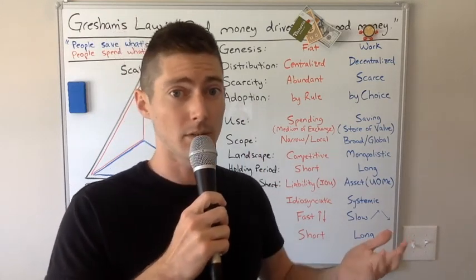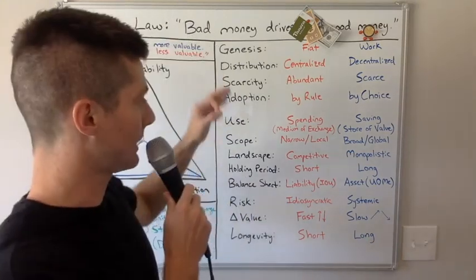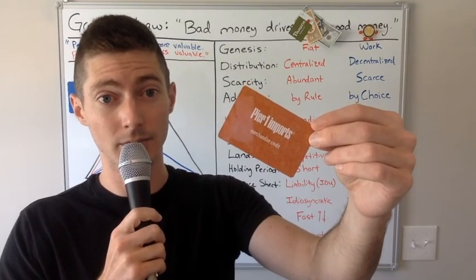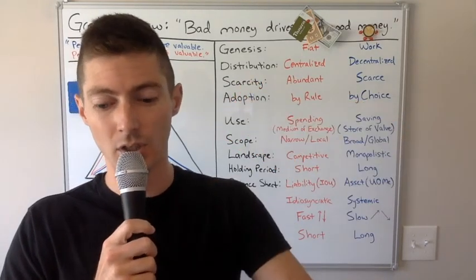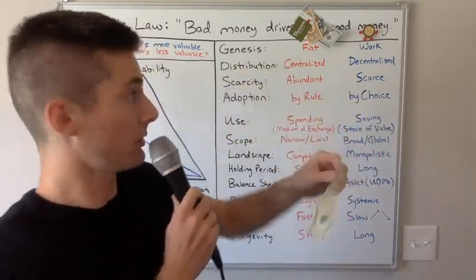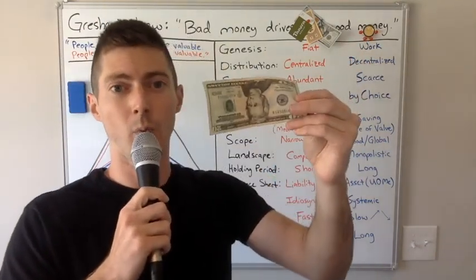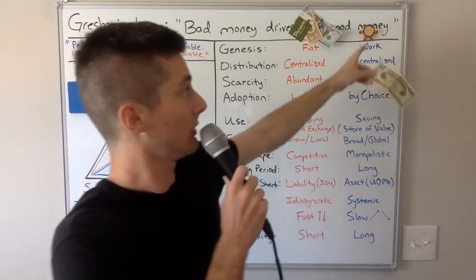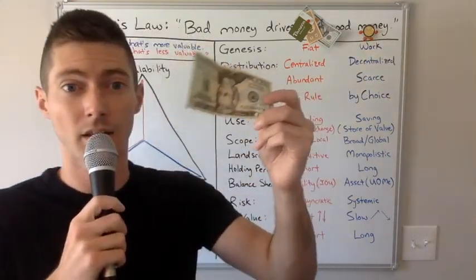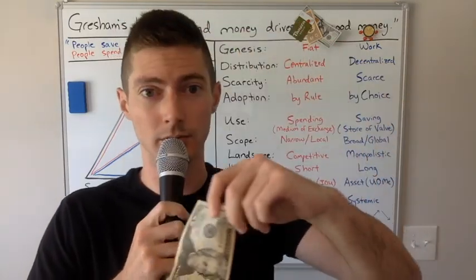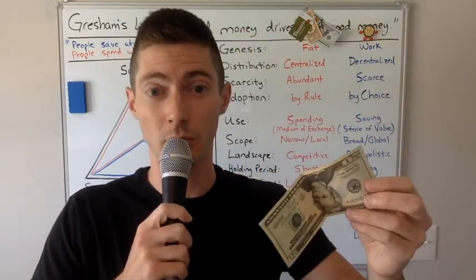The problem is, we know from history that most of these centralized entities break their promises. Whether they intended to or not, they break their promises. Just like this used to be worth one of these, and now this will only buy 1% of that. The U.S. government has broken 99% of its promise so far. What makes you think it's going to keep the remaining 1%?